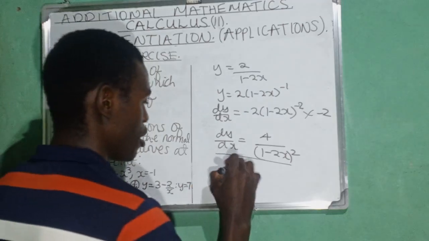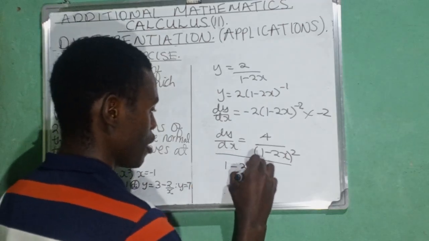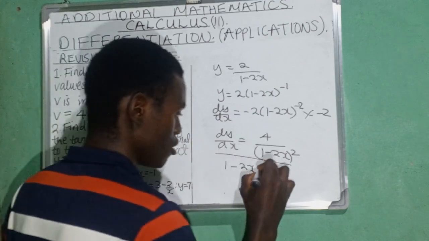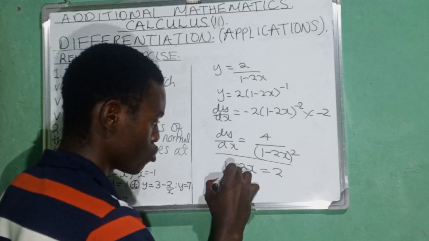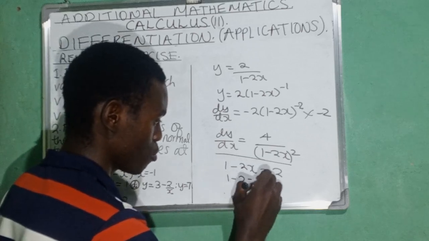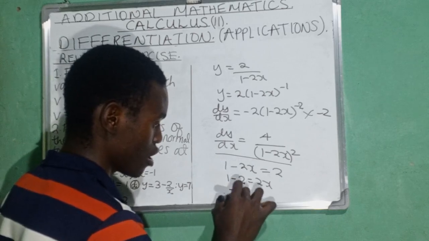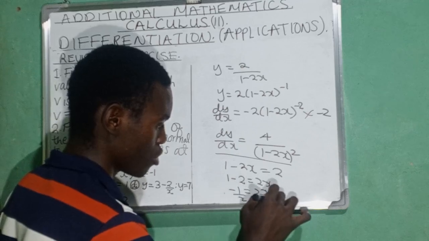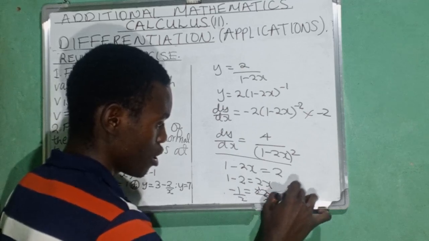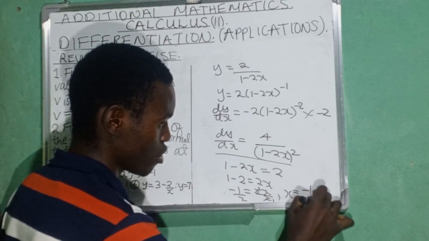So we are saying 1 minus 2x is equal to 2. Then we take the 2x to the other side, it's going to become 1 minus 2 is equal to positive 2x. Then negative 1 is equal to 2x, divided by 2 on both sides. 2 can go into itself once. x is going to be equal to negative half.